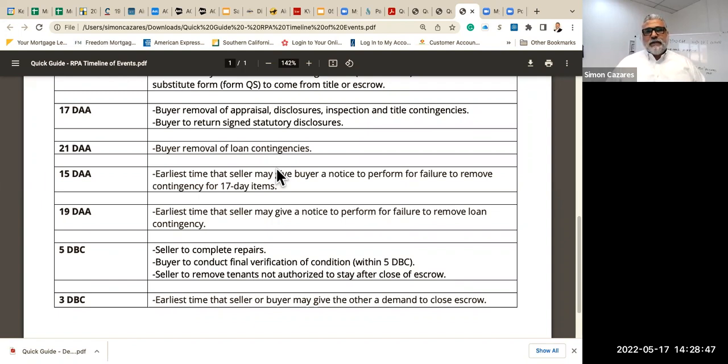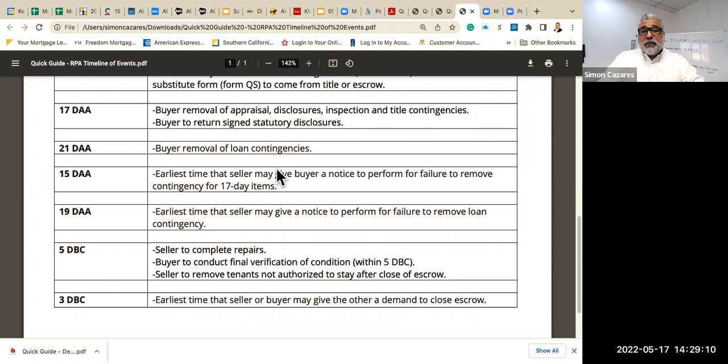A lot of people don't know and do not utilize this particular form, the DCE form, the demand to close escrow. Either party can give one or the other this form. The buyer can do it to the seller, the seller can do it to the buyer.